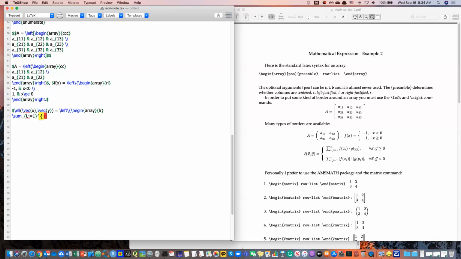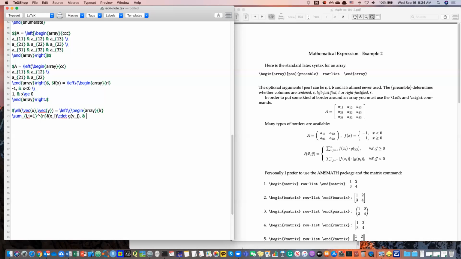And then n, and f of x sub i equals, what subscript. If you've got one single letter or symbol of subscript, you don't have to put that within the curly bracket. x sub i, that's enough. And then c dot, and then g of y sub i, y sub j, comma. Then move on. That's the first entry, and then move to the next entry, the next column.